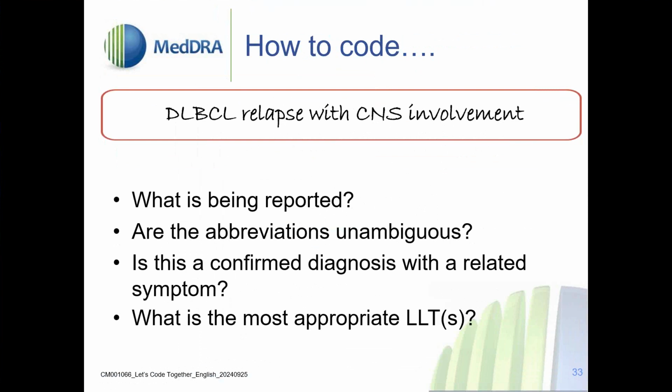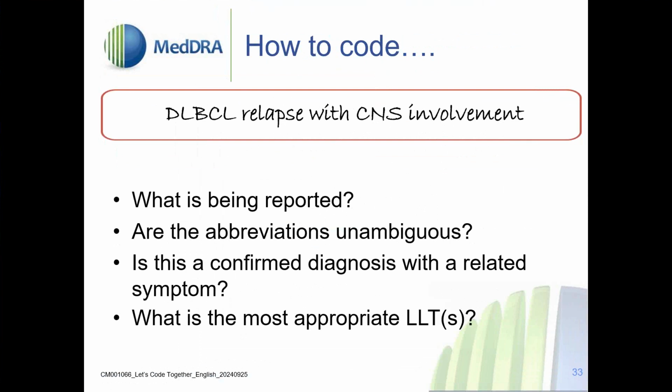So this abbreviation is obviously unambiguous. But what about the abbreviation DLBCL? Could this verbatim be a confirmed diagnosis with added related clinical signs and symptoms? And how to best code this? Is split coding necessary?